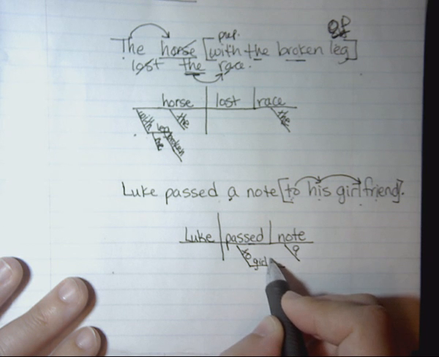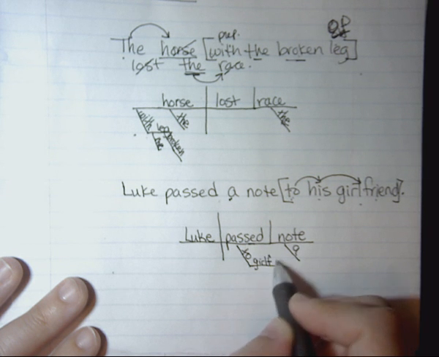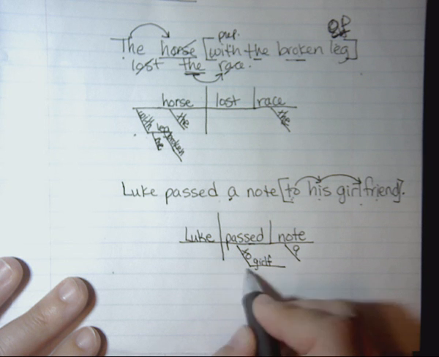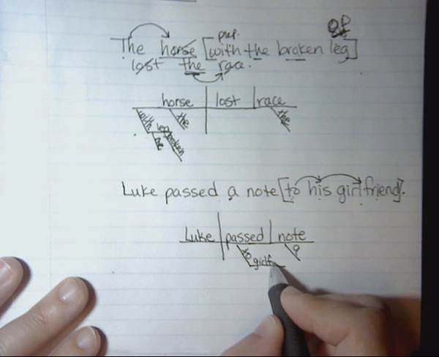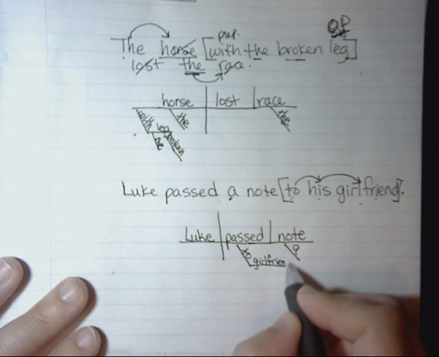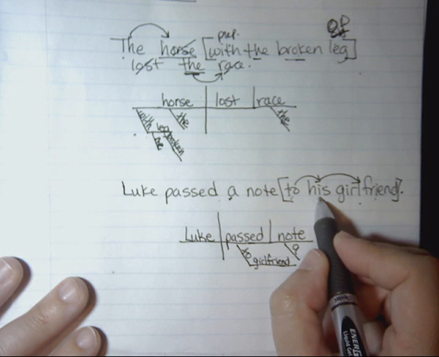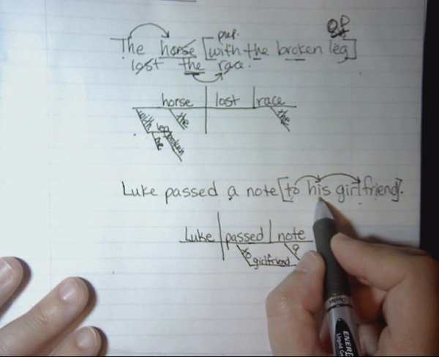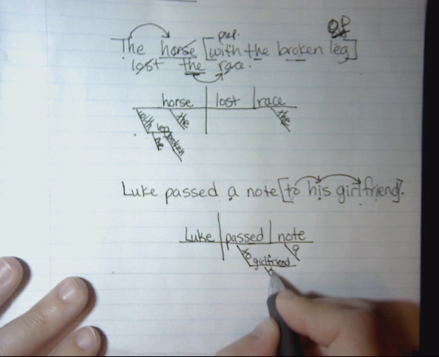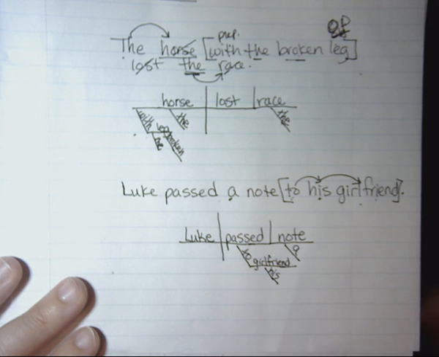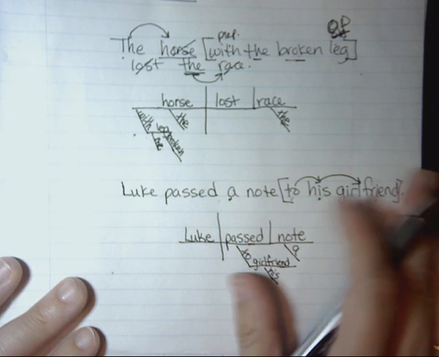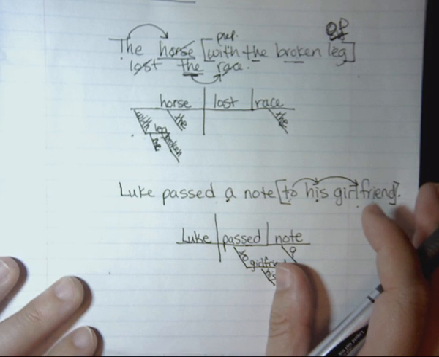Now, objects are always going to be nouns or pronouns, and they go on horizontal lines. And where are we going to put his? Right. Very good. And you've done it. Okay? Now, I want you to try this one.